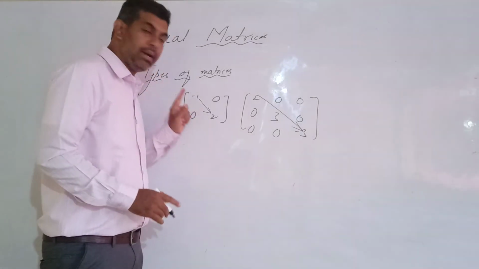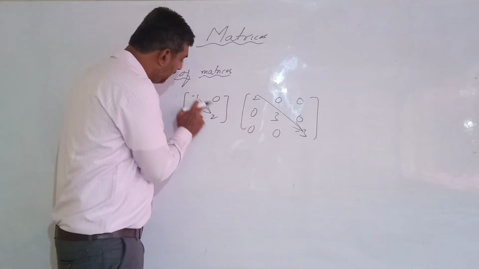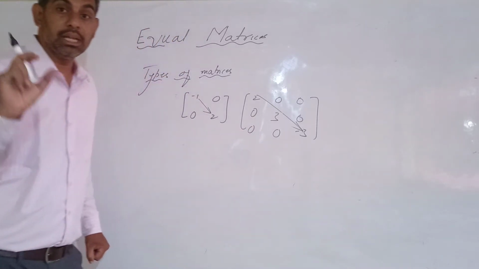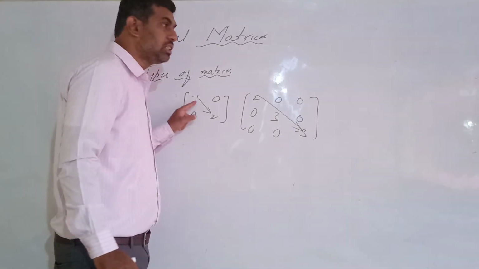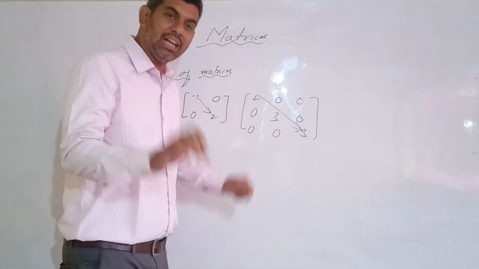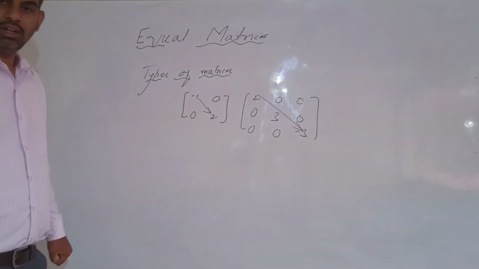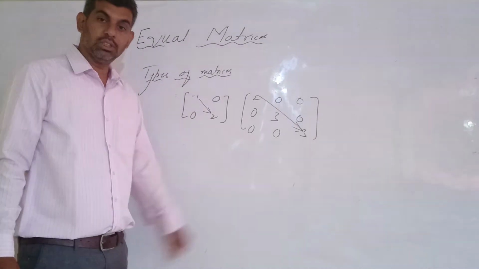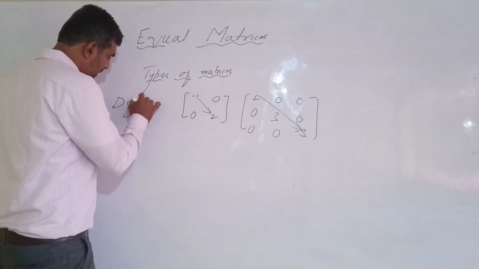Only left top to right bottom, not these elements. Except these elements, all the elements are zeros. Such matrices are called diagonal matrix.